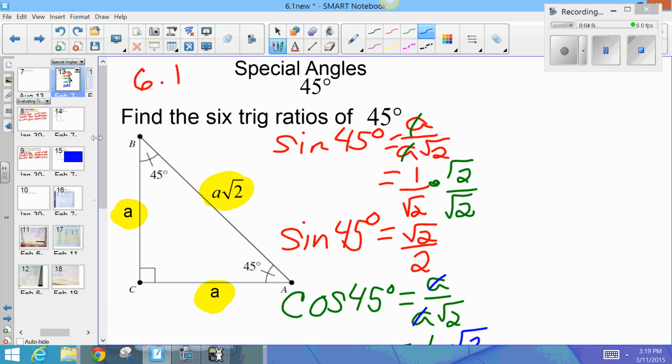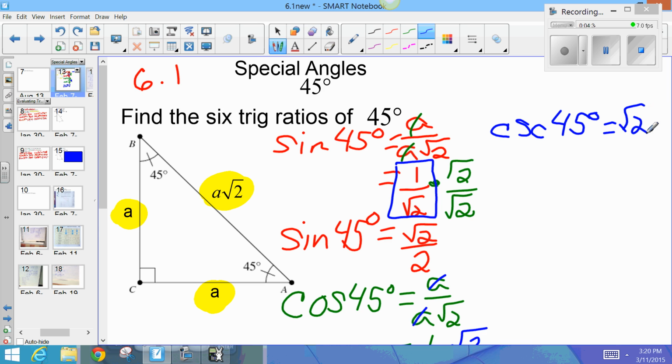All right, now we're going to do the reciprocals. Remember that I told you to go back to the pre-rationalized form when you do the reciprocal. So the cosecant of 45 degrees is the reciprocal of 1 over radical 2, which is square root of 2.